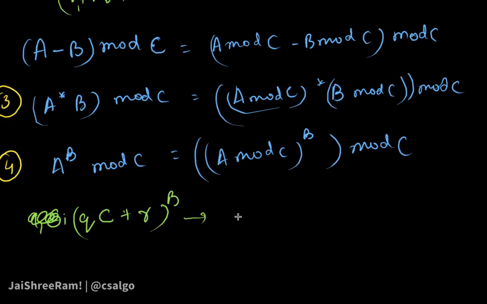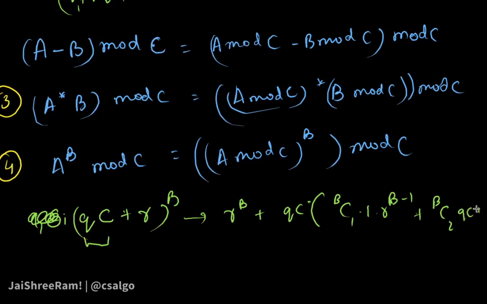So if you open it with binomial expansion, you have b choose 0 times r to the power b, plus the rest of the terms will have this qc term. If you take qc common, then you have b choose 1 times r to the power b minus 1, plus b choose 2 times qc times r to the power b minus 2, and so on.